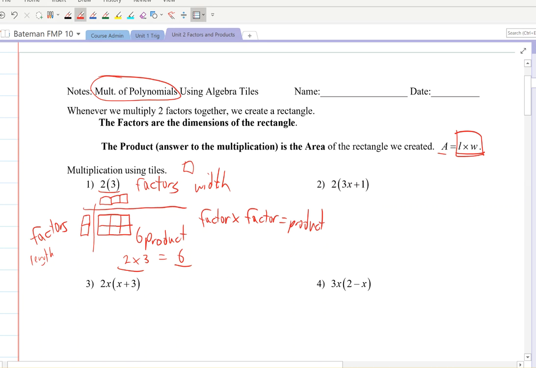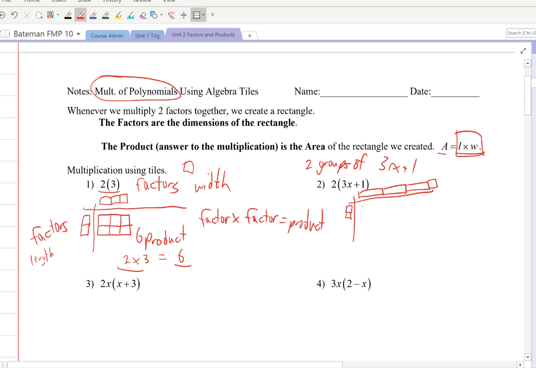So if we have 2 times 3x plus 1, often multiplication can be referred to as grouping. So this is like 2 groups of 3x plus 1. So we can set up our multiplication grid. We have 2 right here. Then we get 3x, there's 1, 2, 3, all the same perfect rectangles, and then a plus 1.